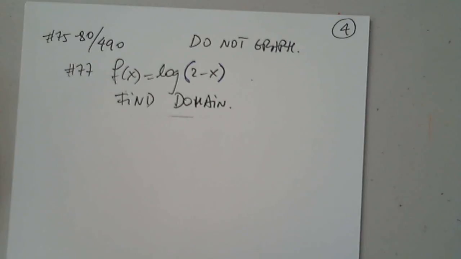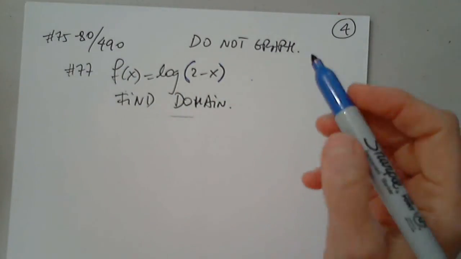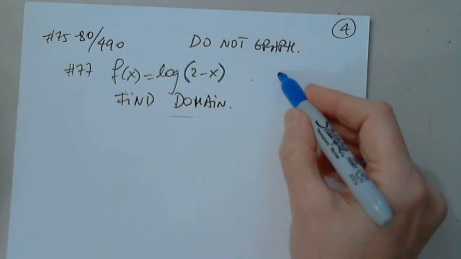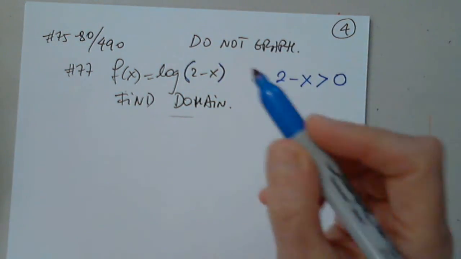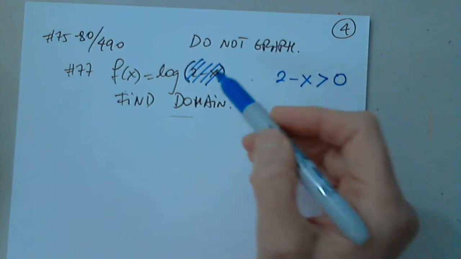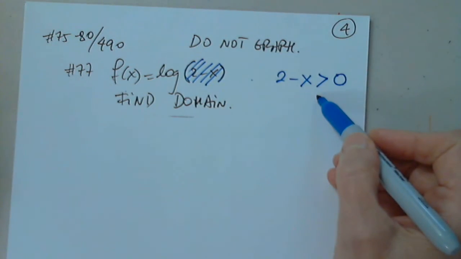What will I write now for this? Greater than 2? You're saying 2 minus x greater than 0. So now this time this piece has to be positive. Is that what you meant? Yes?